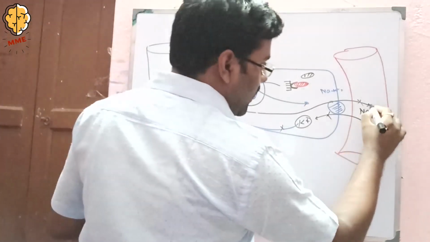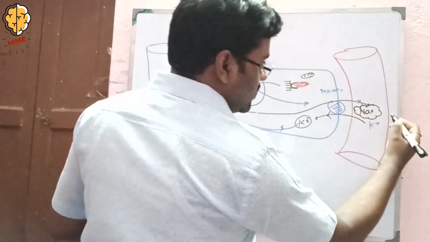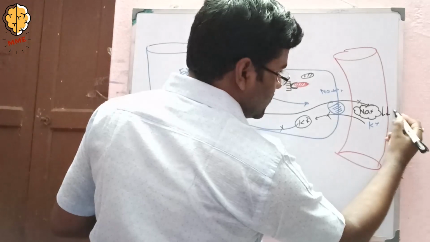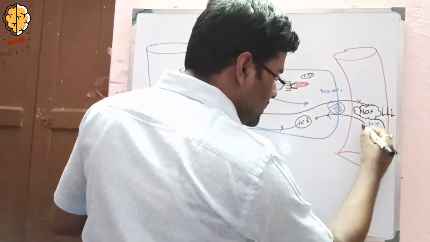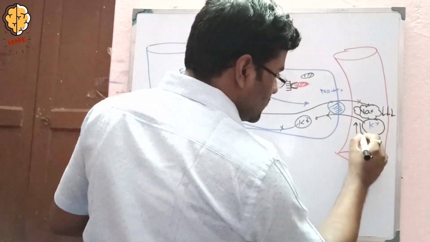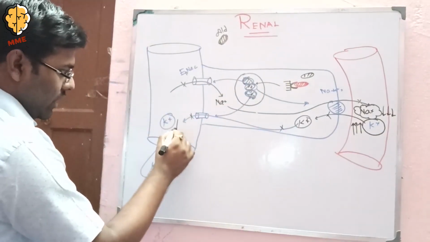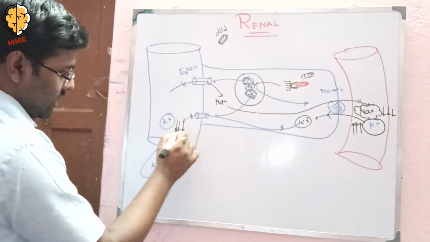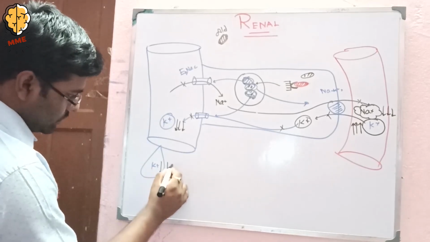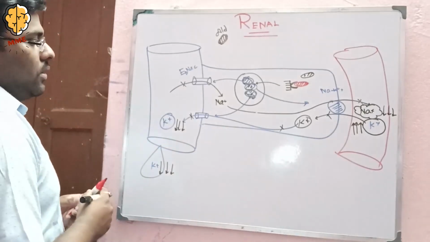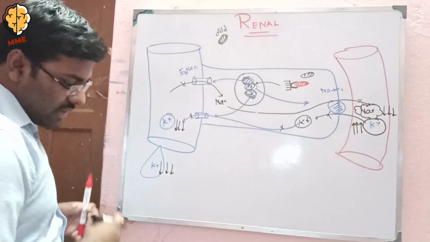So in the blood, the sodium gets decreased and the potassium amount gets increased, and in the urine the potassium concentration gets decreased and the sodium amount gets increased.